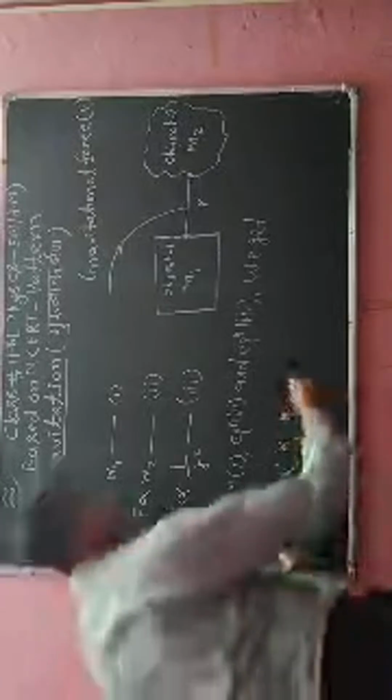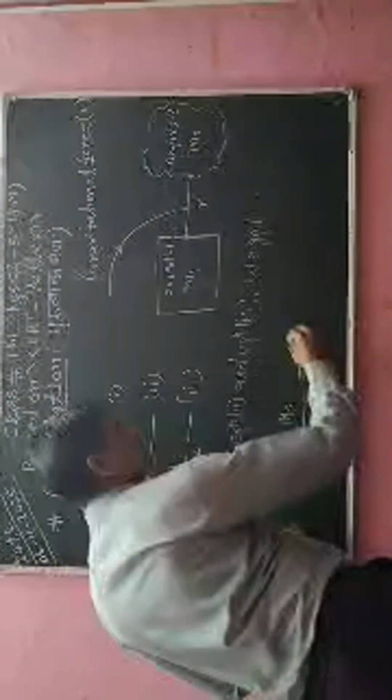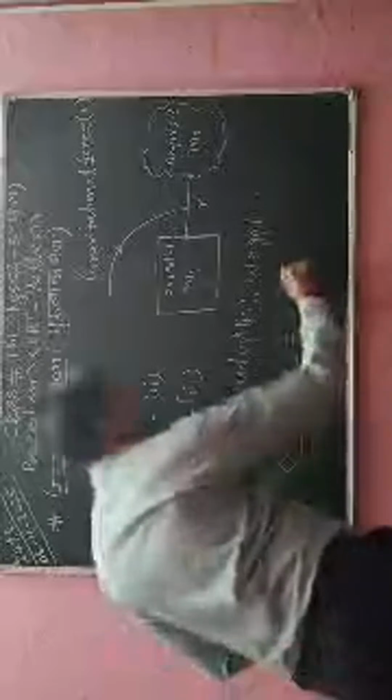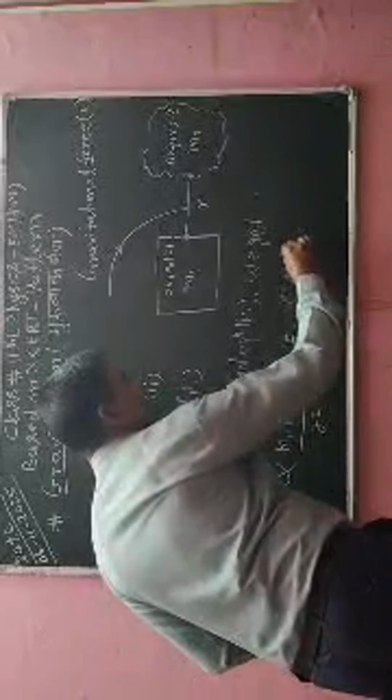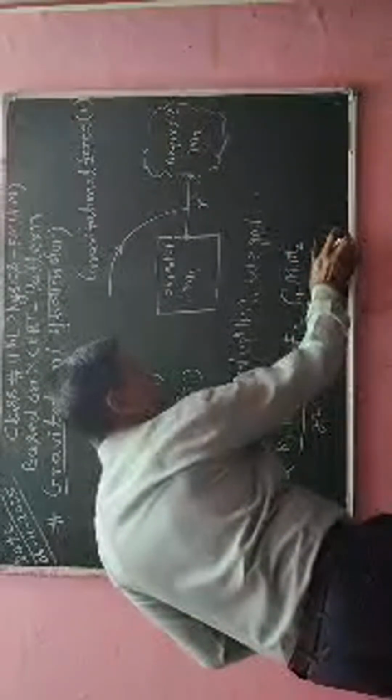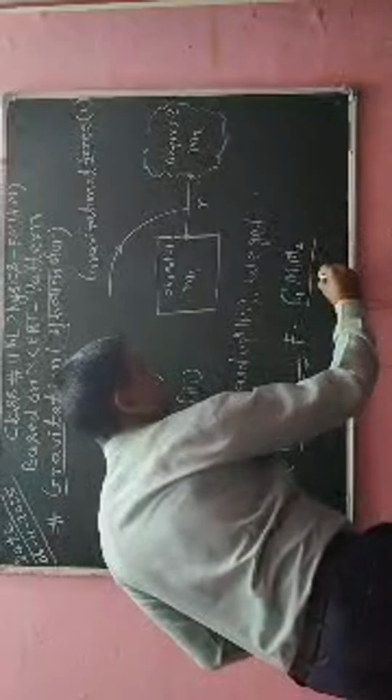So this expression can be written as F is equal to capital G M1 M2 divided by R square.